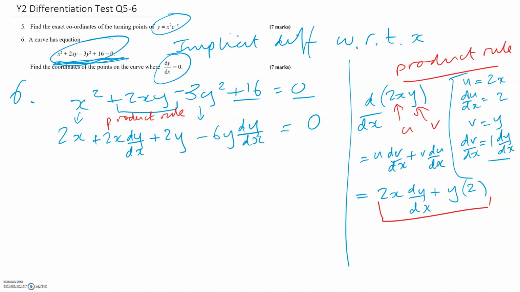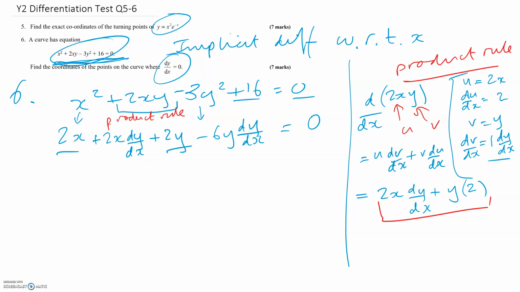If you look at this, we can get all the dy by dx terms on the left hand side. So that's 2x dy by dx minus 6y dy by dx, and actually it might be easier to put things on the other side. I'm just thinking it might be better to leave these as being positive. So actually scrap that.